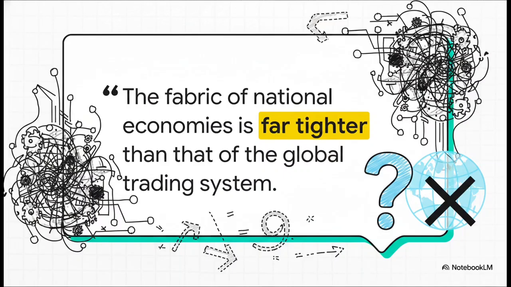So the absolutely crucial point here is captured beautifully by this quote from John Helliwell. He originally posited that the fabric of national economies is tight-knit, and honestly, he was absolutely right about that part. Domestic trade networks really are incredibly dense and super efficient.